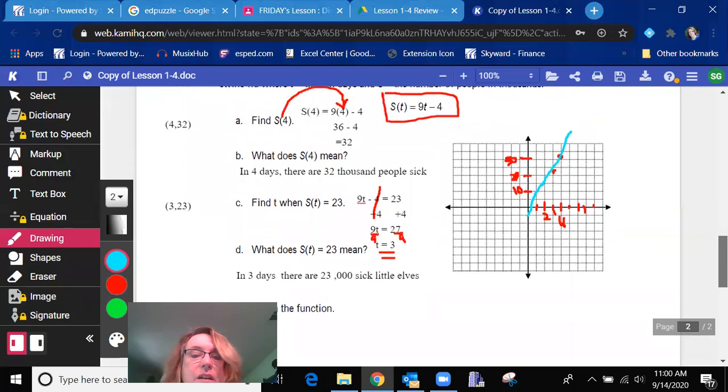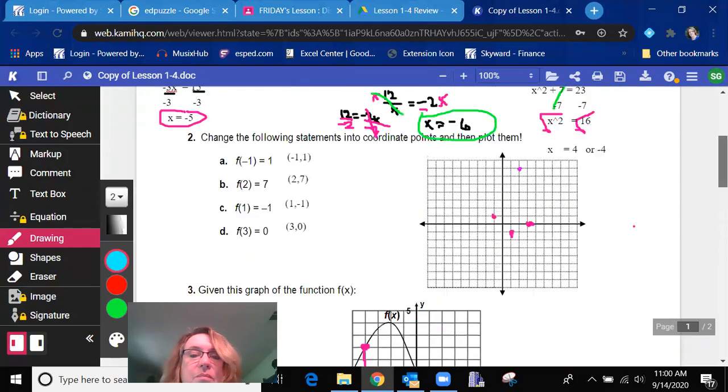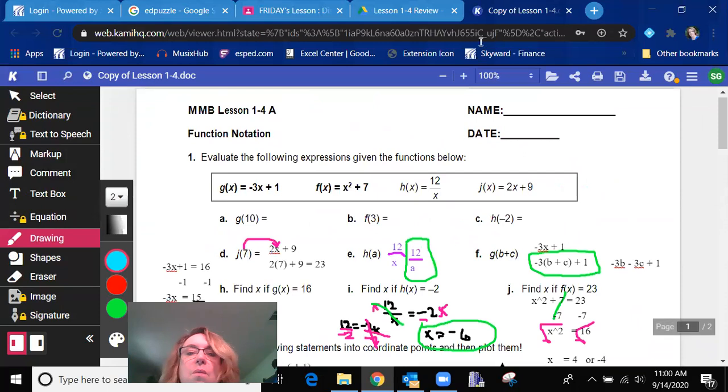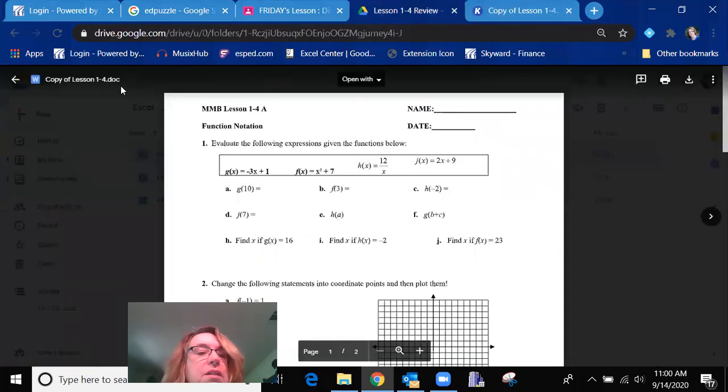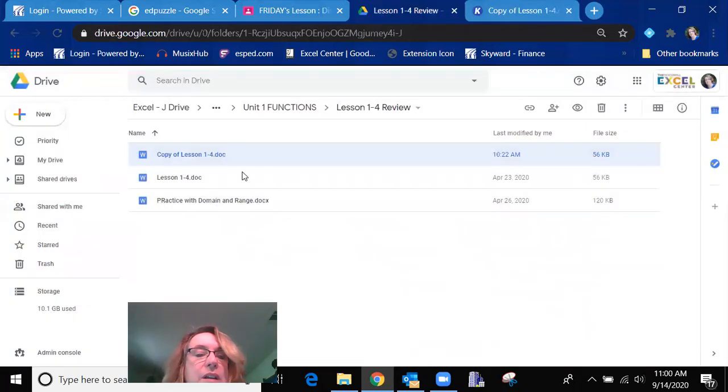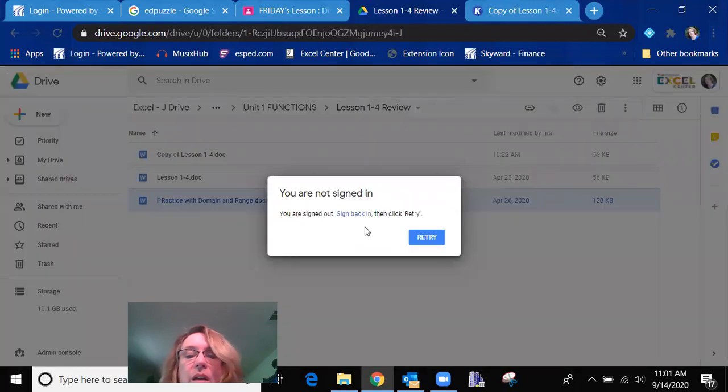So that's that little review sheet. There is another one that I have here, the practice with domain and range. Sign back in. Did you post that one on Google Classroom?